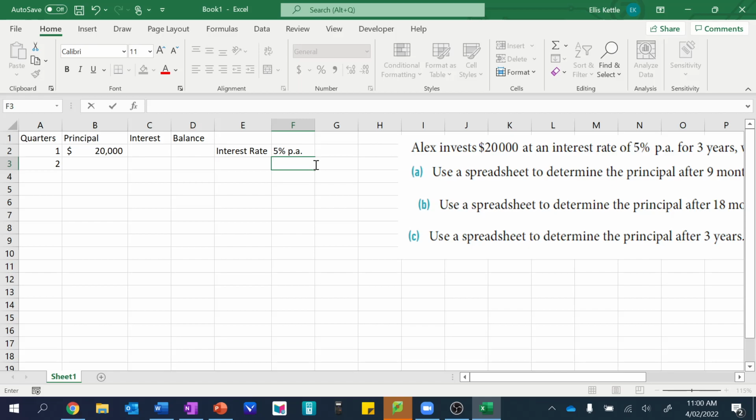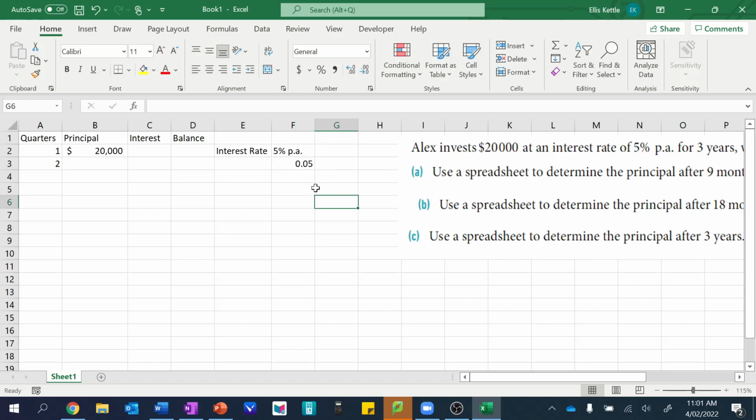So this is where something really powerful comes in. And it's going to make your life a lot easier if you can calculate 5% to decimal quickly. And from now on, whenever I write my percentages, I'm going to be trying to write them as a decimal after dividing by 100. Makes life a lot easier. Okay, so you see there, I've just divided 5 by 100 and I get 0.05.